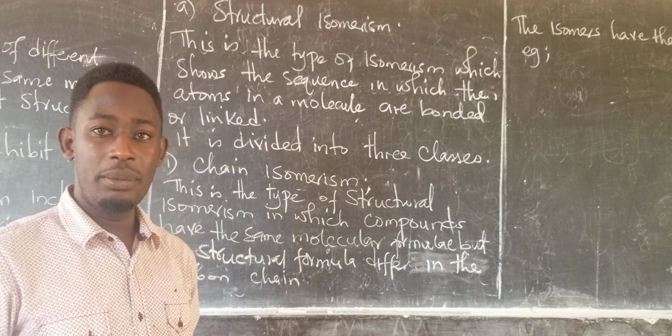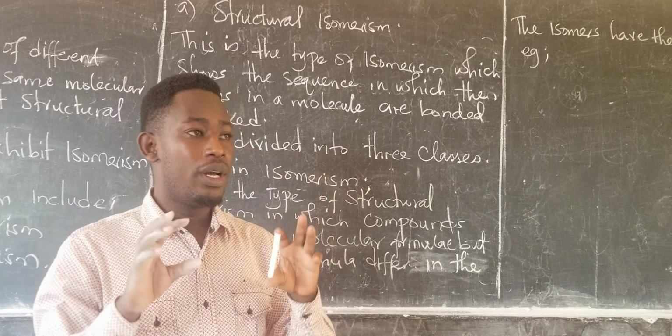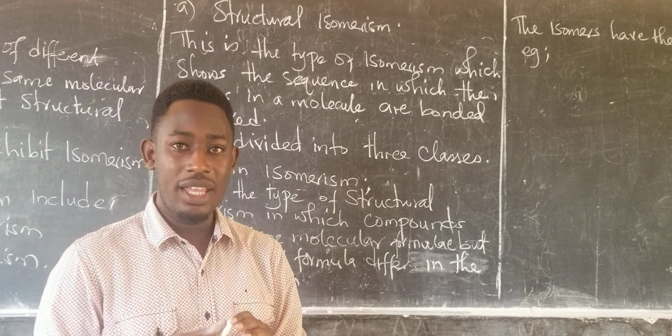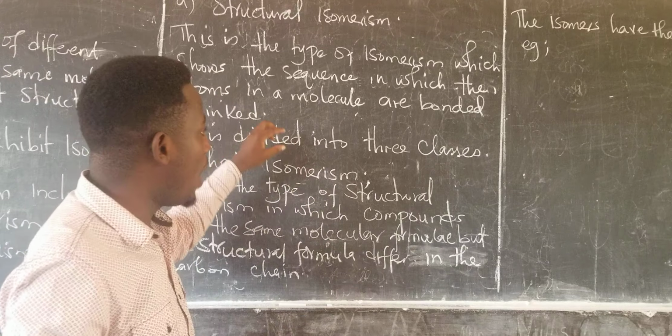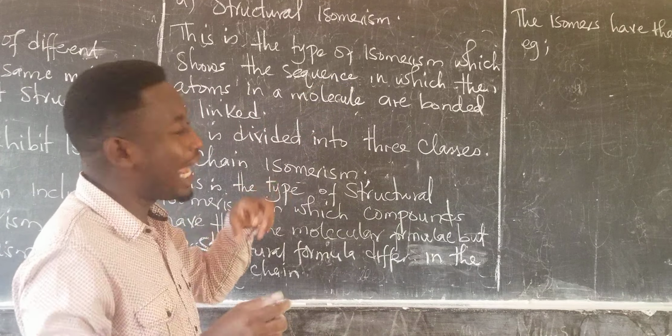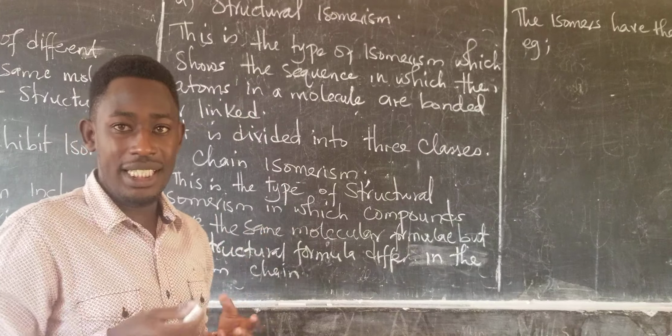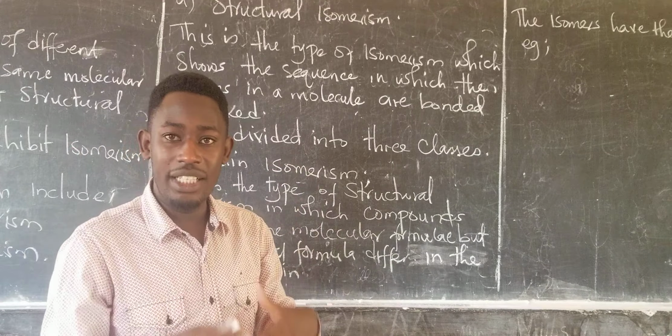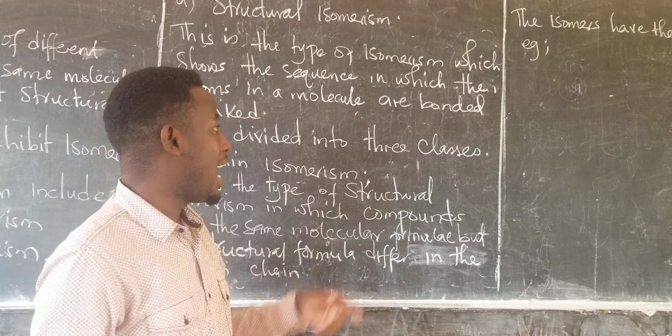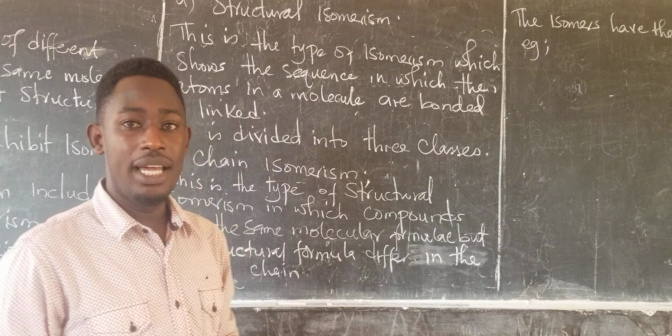So structural isomerism is more specific with how the atoms and the bonds are linked together. So the isomerism exhibited here can be very clearly shown by the links and the bonds in the compound.